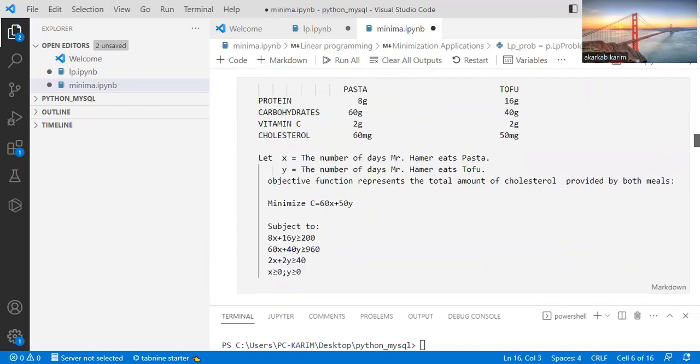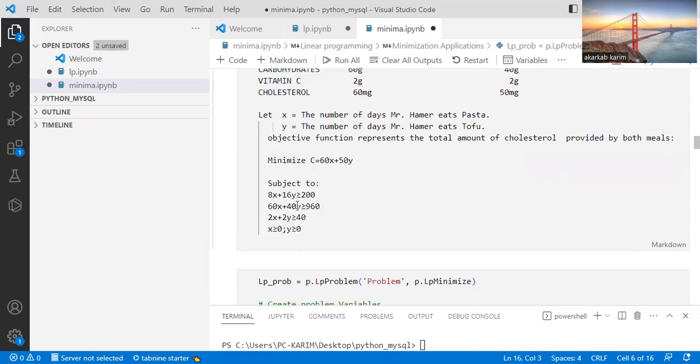For that reason we write our constraint like that. We also have 16x plus 40y greater or equal to 960 grams of carbohydrate, and for vitamin we have 2x plus 2y greater or equal to 40 grams of vitamin C. X should be greater or equal to 0.